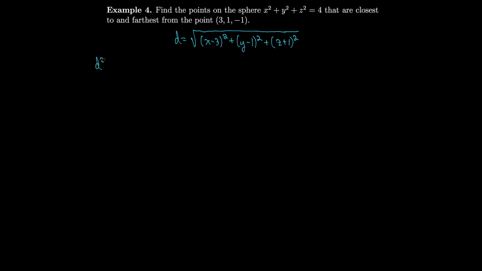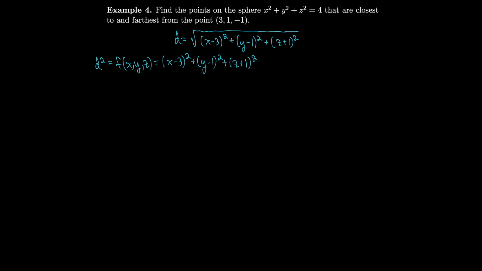I'll set d squared equal to our function that we're going to look at, f of (x, y, z), and set that equal to (x minus 3) squared plus (y minus 1) squared plus (z plus 1) squared, and that way we don't have to deal with the square root.